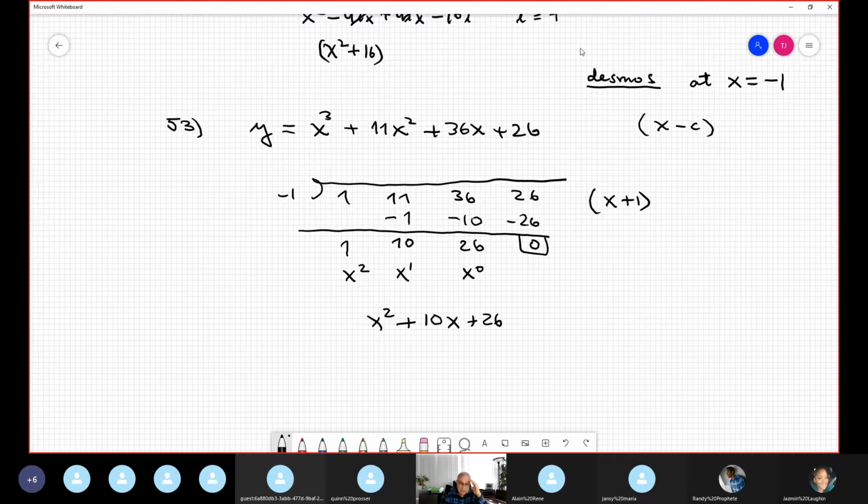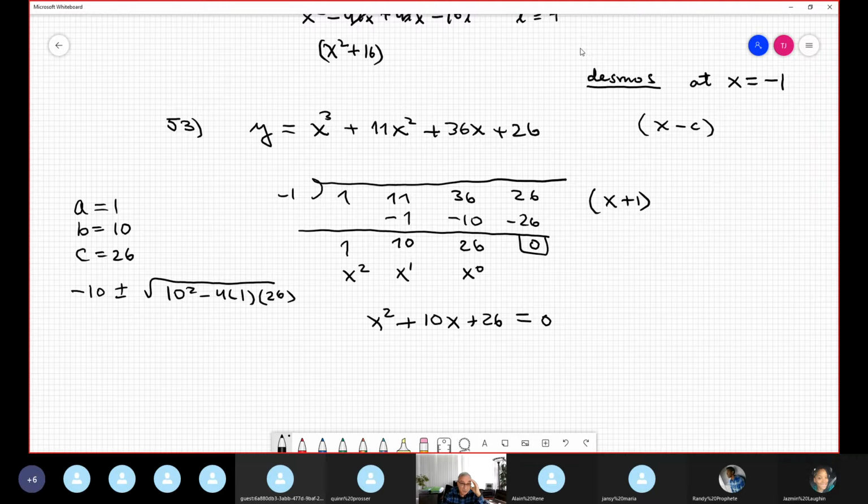Now I use the quadratic formula maybe, no? To find the solution of this: A is 1, B is positive 10, and C is positive 26. It is minus 10 plus or minus square root of 10 squared minus 4 times 1 times 26, divided by 2 times 1.